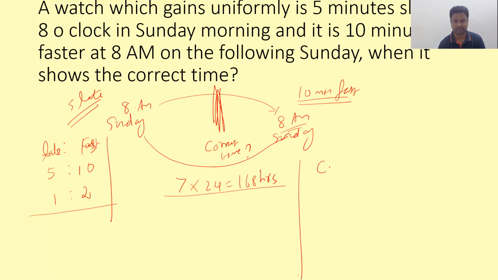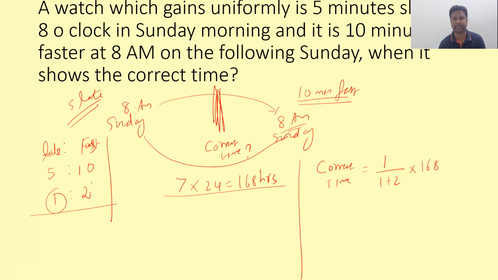Now see this, what you want to find is the correct time. So you want to find the ratio: 1 upon 1 plus 2, into 168. In this total of 168 hours, while completing the first part, the clock will show the correct time.